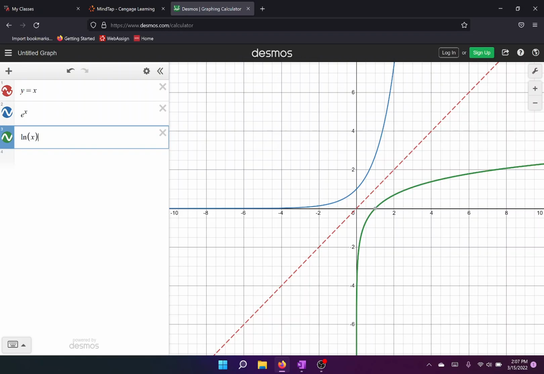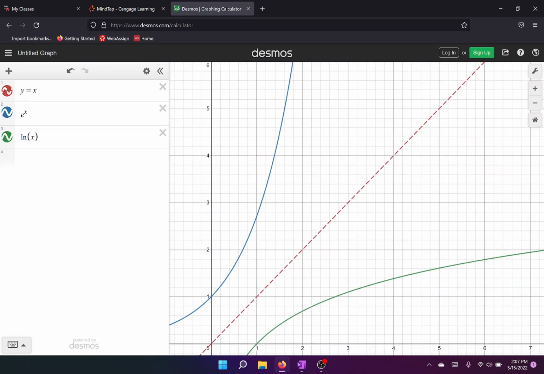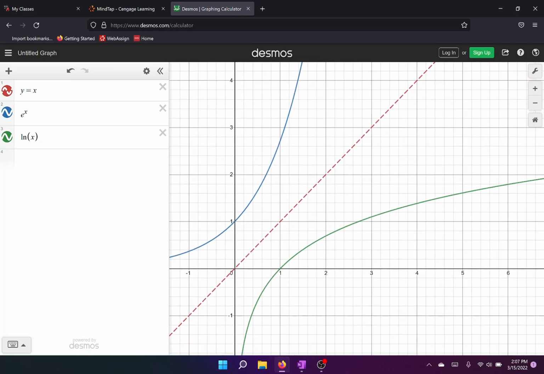And if you notice here, the blue line and the green line, which are e to the x and the natural log of x respectively, are mirror images of each other, which means they are inverses of each other. And remember, with inverses, you can always take a point like 0, 1 and just switch them. And that'll be the inverse 1, 0. And you can do that for every single one of these points from 0 to infinity. You can do that, okay?